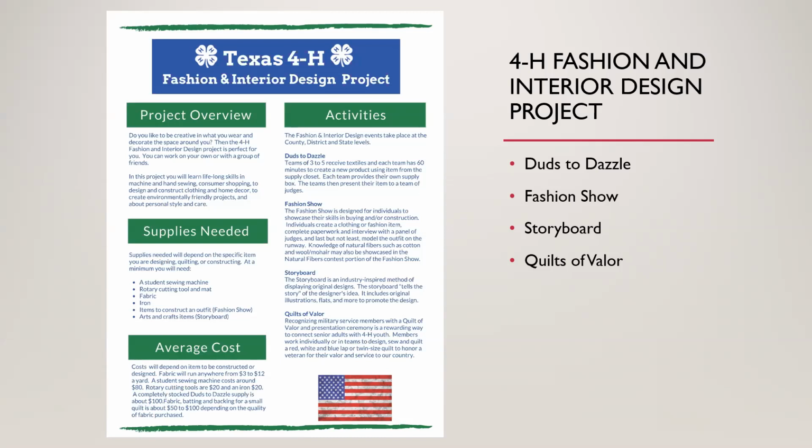On Duds to Dazzle, the kids practice as a team, and then they also compete. Usually there's a contest at county, one at district, and also at the state level. They have their team, they bring their supply box, and they're given an item.